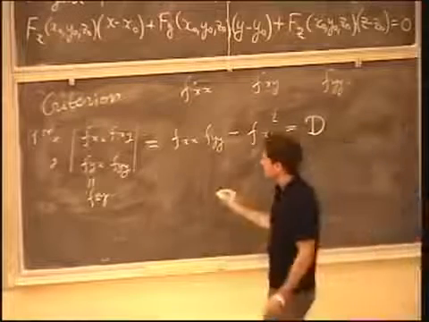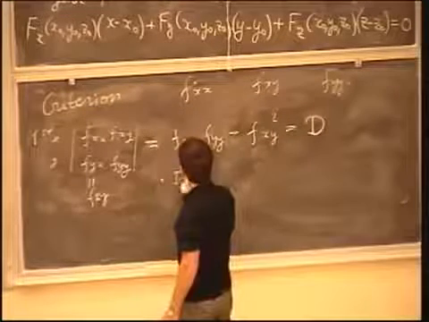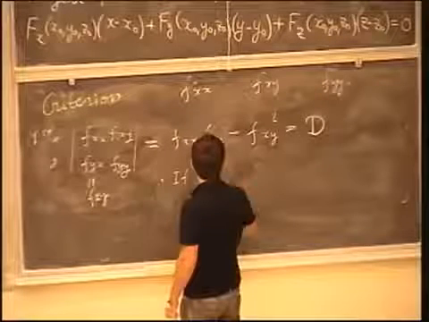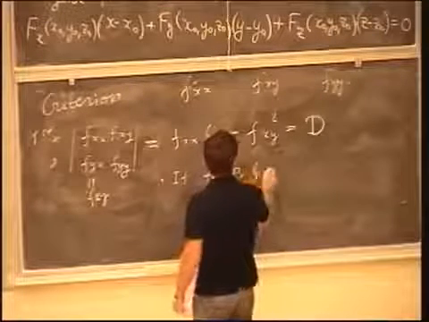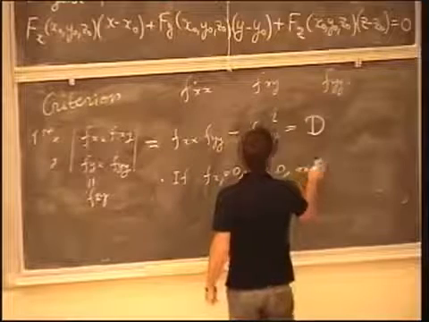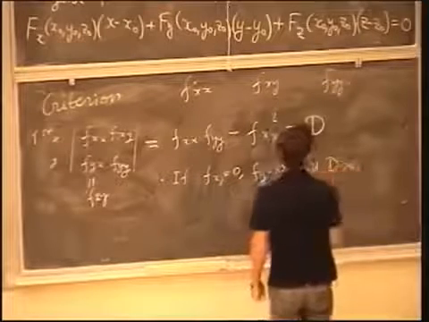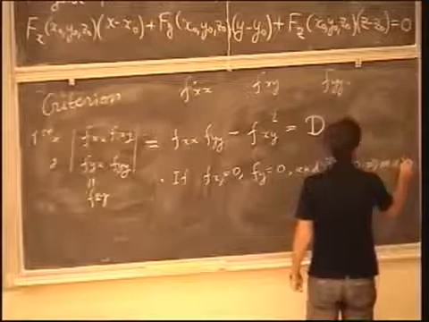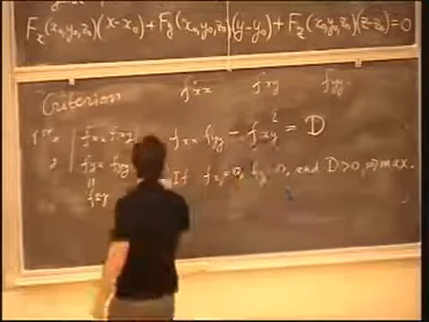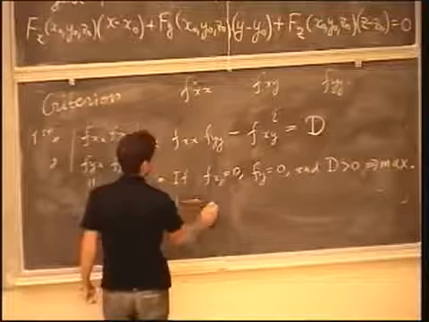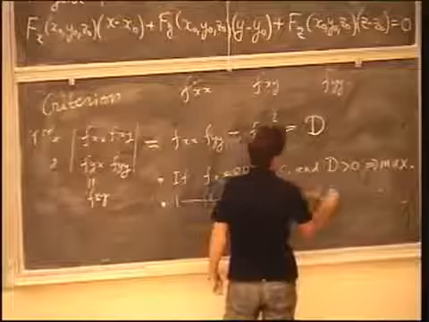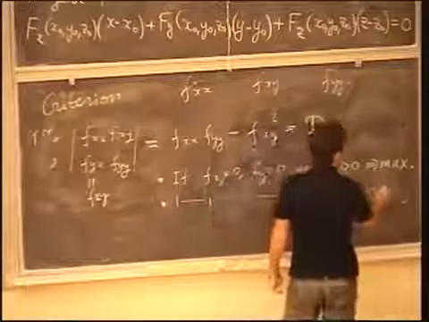So the criterion is that if both partial derivatives are 0 and D is greater than 0, then it's a maximum or a minimum. That's number 1. Number 2, if D is negative, then it is not a maximum and not a minimum.